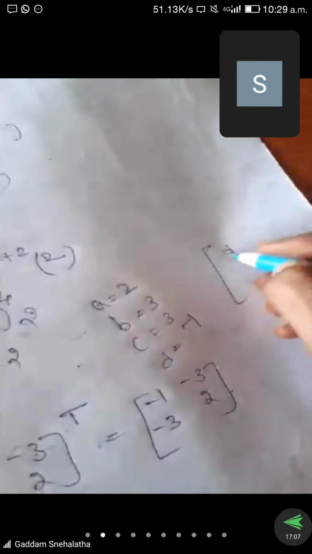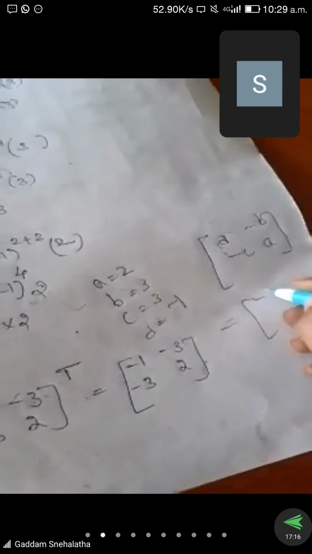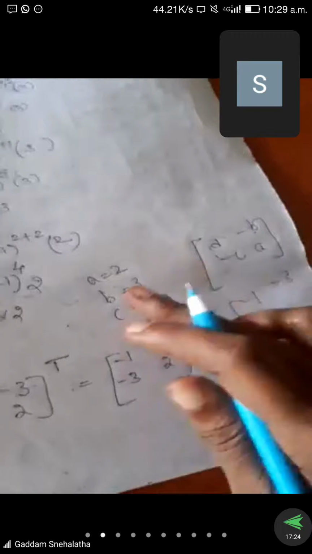Adjoint is equal to D, minus B, minus C, A. If we use this formula, first D value is minus 1. Minus B, so minus B value is minus 3. Next minus C, minus C value is minus 3. And A value is 2. If we use this formula, we get the same result. Or if we use the other method also, we get the same result.